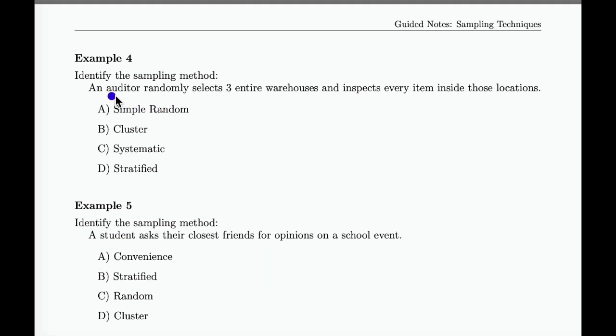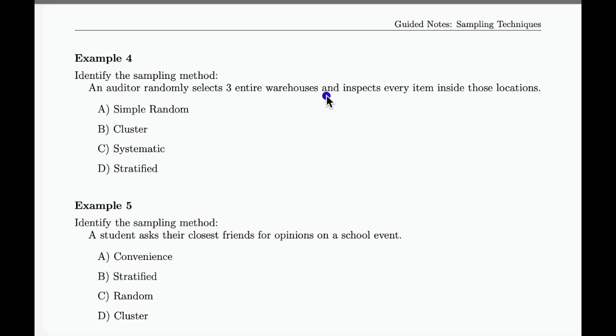Example 4 says an auditor randomly selects 3 entire warehouses and inspects every item inside those locations. So we want to think of these warehouses as groups. The person making the sample selection picked 3 of the warehouses and chose every single item in that warehouse.